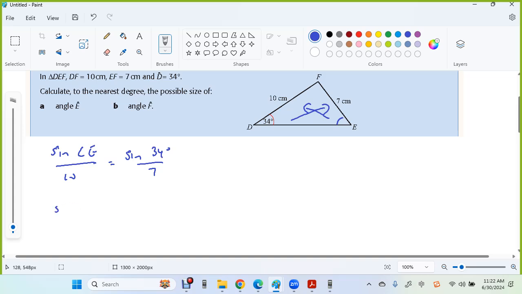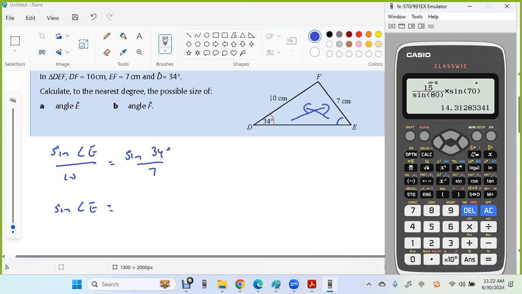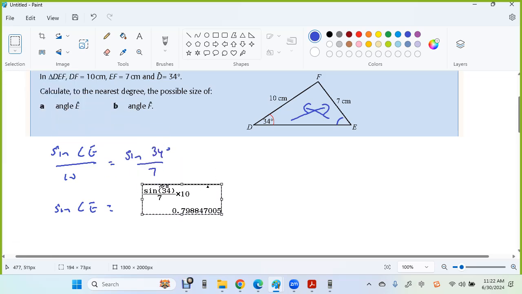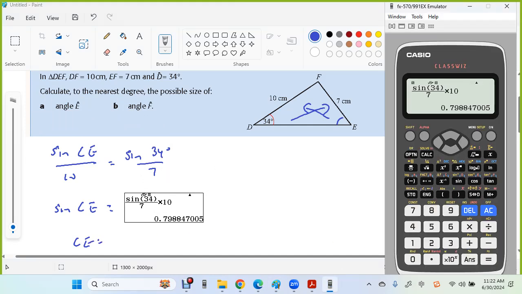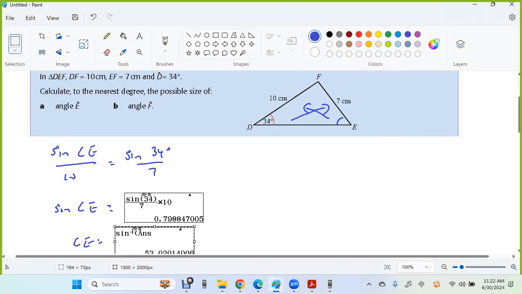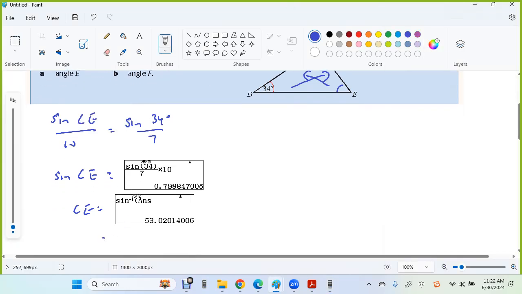Sine E is sine 34 over 7 multiplied by 10. Then angle E will be the arc sine of this, which is 53.02 degrees.